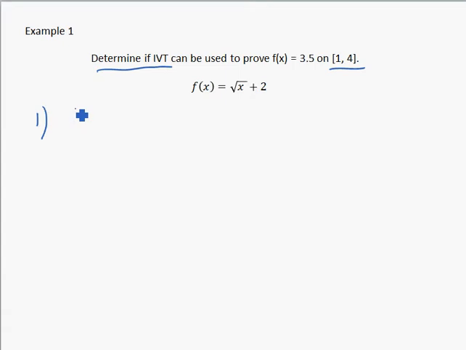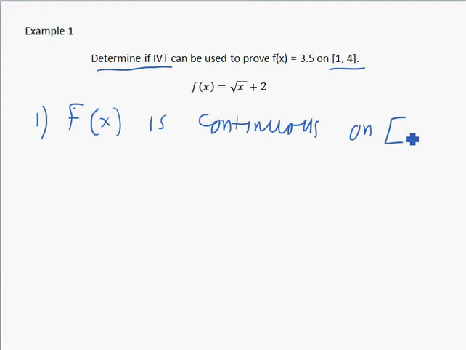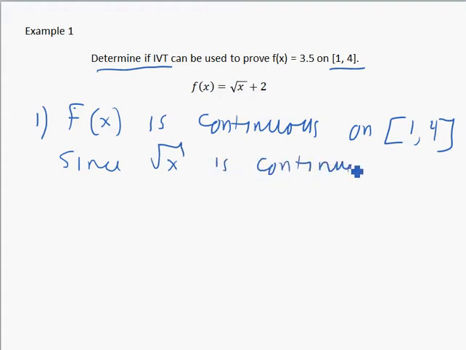f of x is continuous on 1 to 4. Yes, it's continuous because that's the square root function. You can write that out if you want. Since root x is continuous for all x greater than 0, not equal to 0.